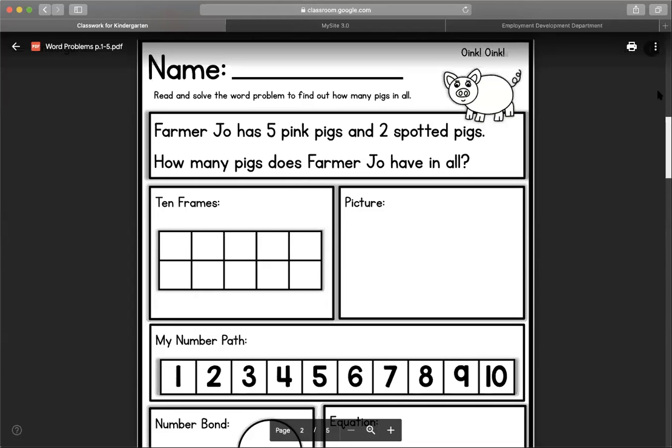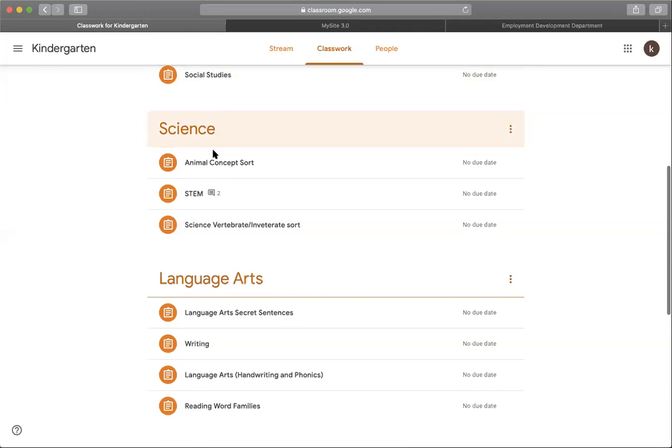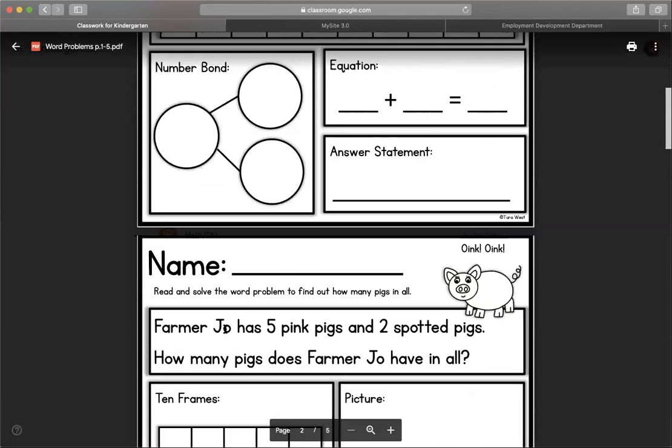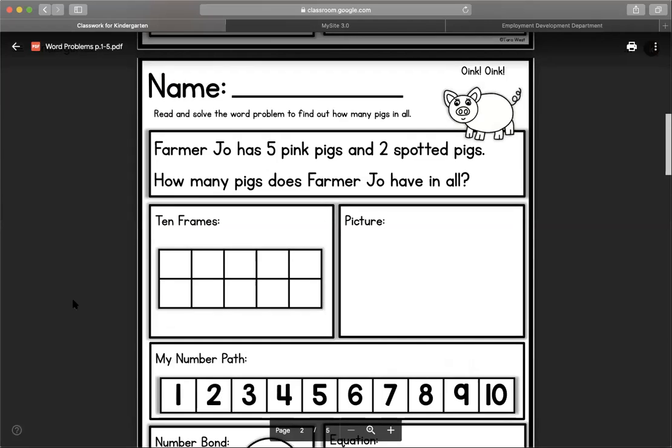How many pigs does Farmer Joe have? Good job.